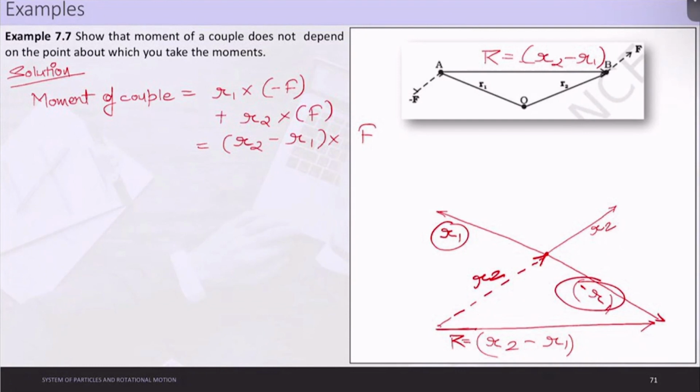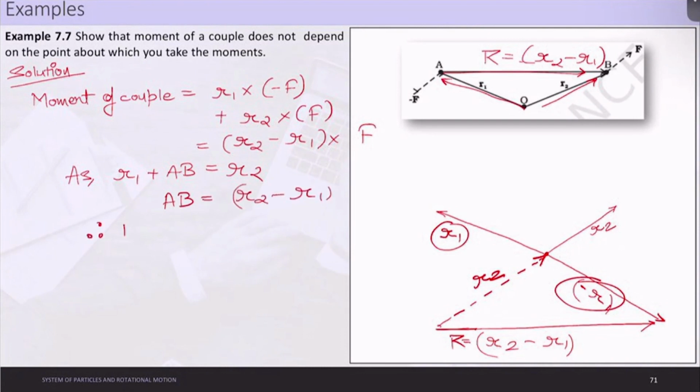In other way, we can also write that as R1 plus AB. See clearly, R1 plus AB is equal to R2. Therefore, what we can write? We can write simply AB is equal to R2 minus R1.